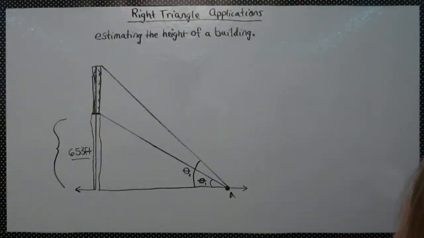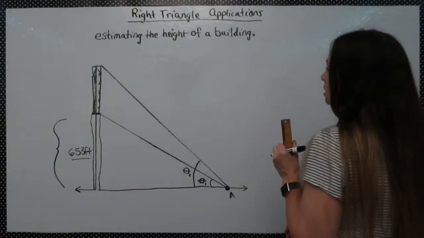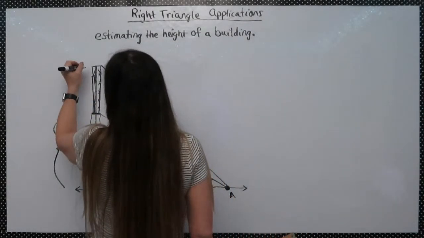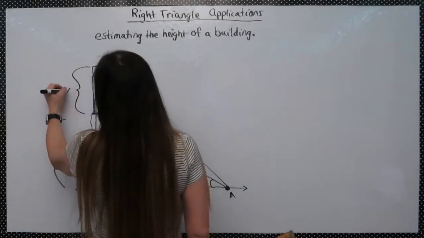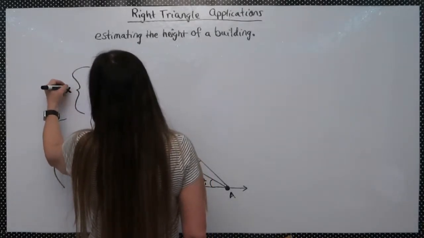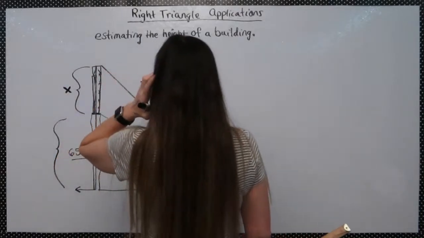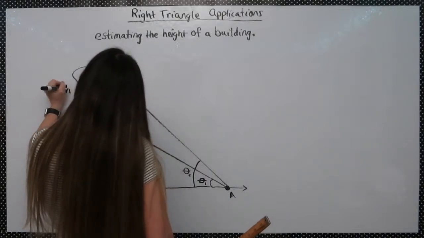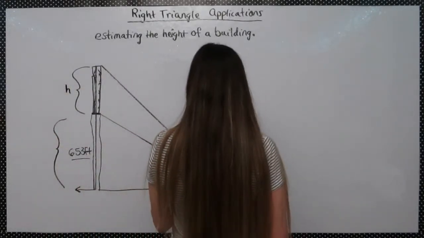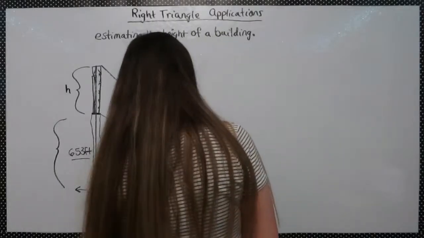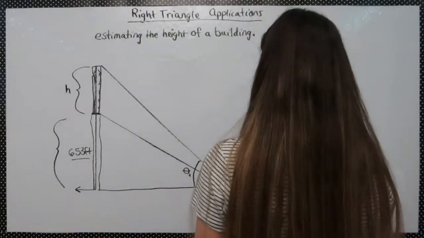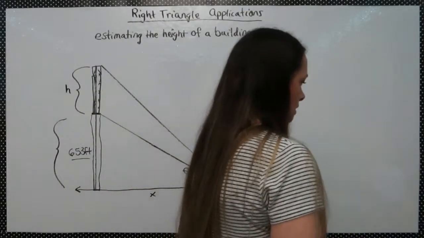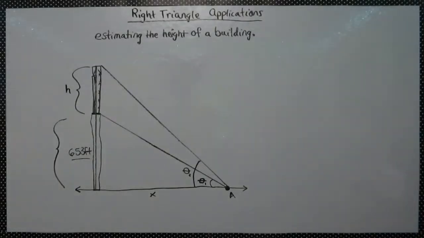And it's asking how high is the tower? So we've got this tower here, and we're looking for this distance. Let's call it h for height. That'll be better, wouldn't it? So we don't know this distance. We would call this one x because this is the horizontal axis, so we would label that one x.